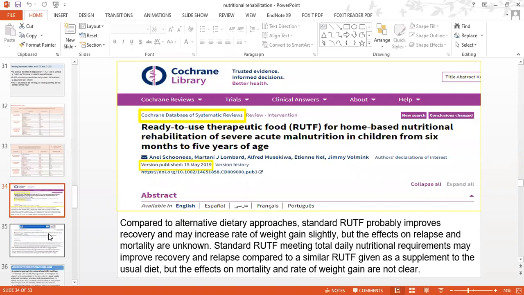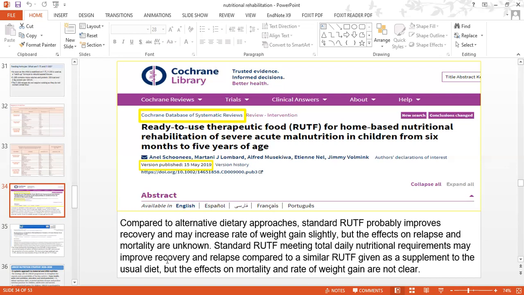Here you see an update from a recent systematic review in 2019, based on studies in India, Malawi, Zimbabwe, Cambodia, and 8 other countries. This systematic review came up with the conclusion that compared to alternative dietary approaches, standard RUTF probably improves recovery and may increase the rate of weight gain slightly, but the effects on relapse and mortality are unknown.